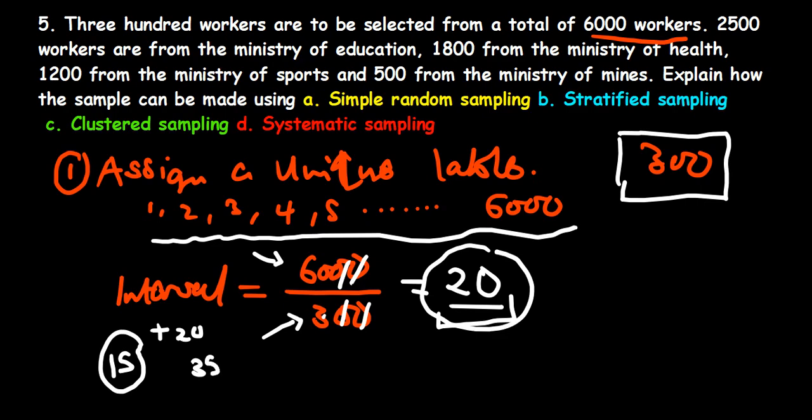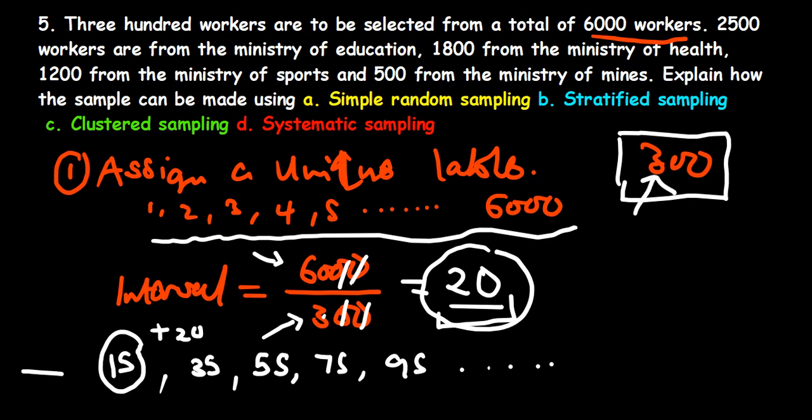From 35 we add 20, which will be 55. From 55 we go to 75, from 75 we go to 95, just like that until you have 300 workers in the sample.